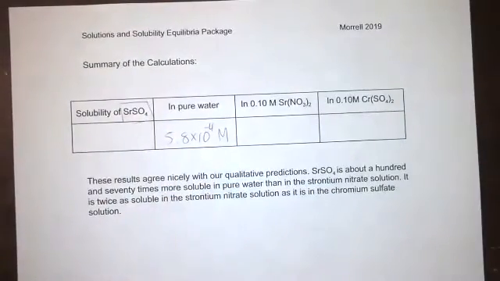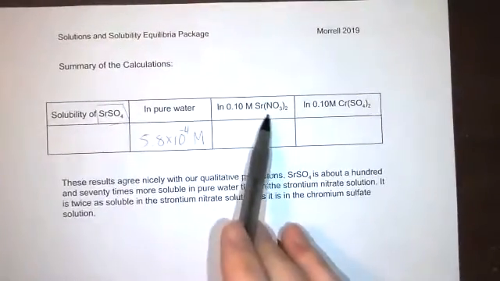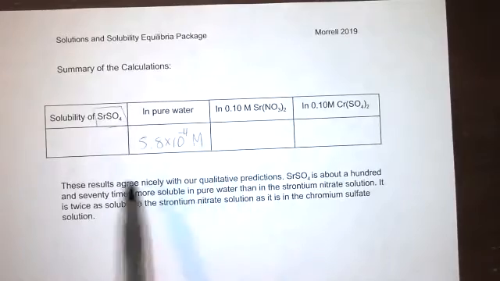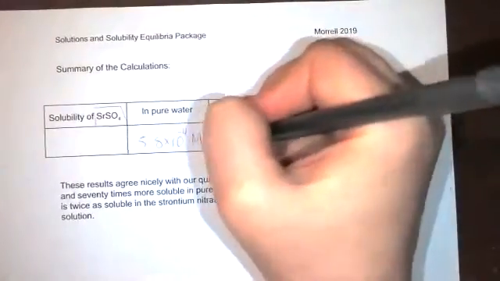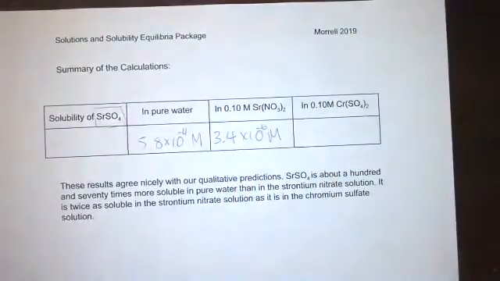I can only dissociate 5.8 times 10 to the negative 4 moles for every 1 liter of volume. In my second condition, I expected it to be a lower value, that I could dissociate a smaller amount of ions, and I found that this is correct. I only could dissociate 3.4 times 10 to the negative 6 moles per liter, so a smaller amount.